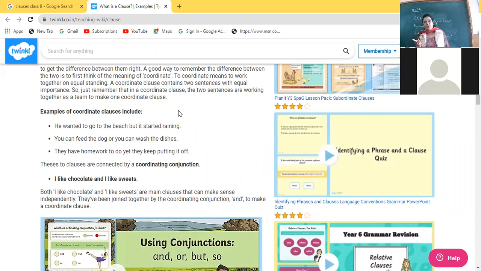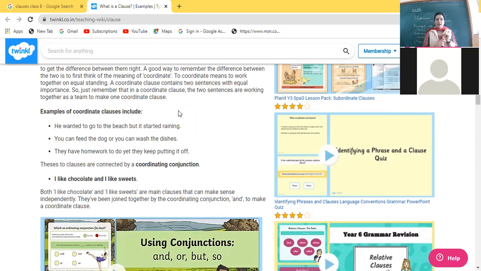So as you have done coordinating conjunctions, and how they are what? Yes, so they join two independent clauses together. And because they are joined by a coordinating conjunction, you can say they are coordinate clauses. They join together to give a more meaningful sentence, isn't it?